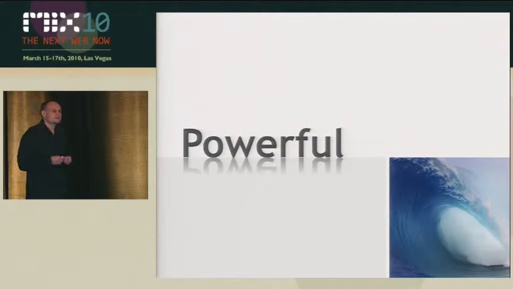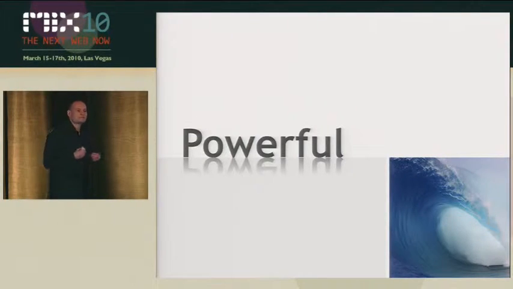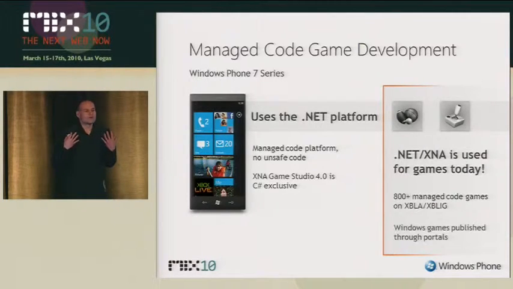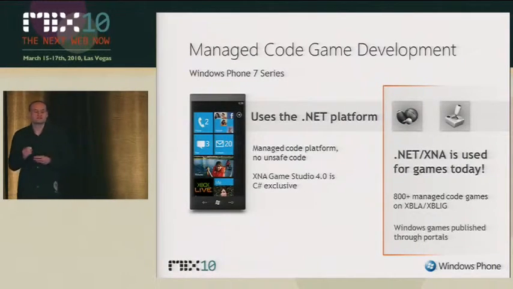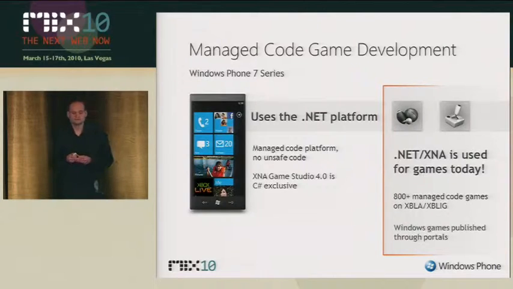So moving to that first key pillar of powerful, we're a managed code platform for game development. And specifically for Windows Phone 7 series, it is built exclusively on the .NET platform. And that means that you're not allowed to use unsafe code. It's also good to keep in mind that XNA Game Studio 4.0 is C# exclusive.